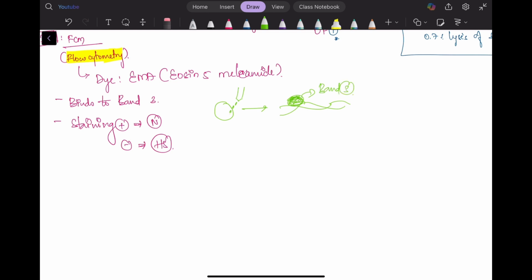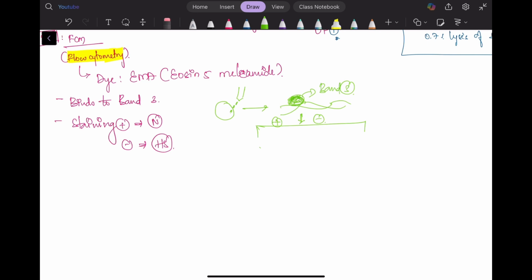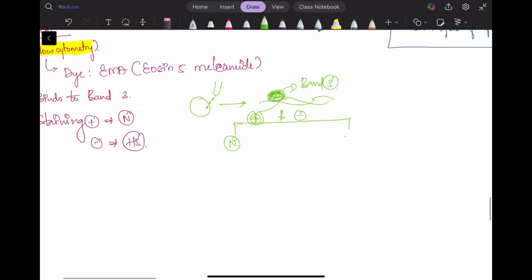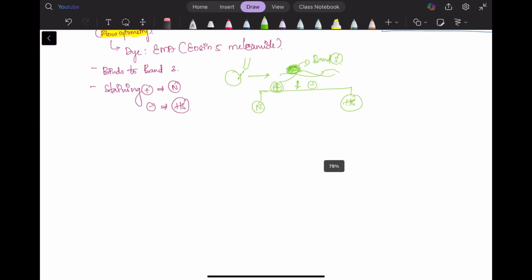Then if there is a stain or not, there are only 2 possibilities, right? If it stains, then we call it normal flow cytometry. If it is negative, if it doesn't stain, then we say hereditary spherocytosis.